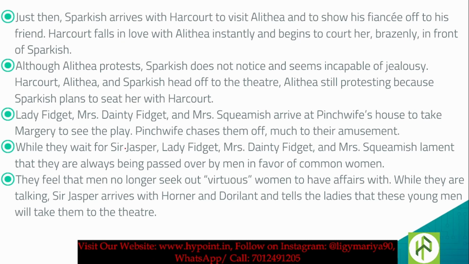While they wait for Sir Jasper, Lady Fidget, Mrs. Dainty Fidget and Mrs. Squeamish lament that they are always being passed over by men in favor of common women. These three women belong to the aristocracy. Every other character we can see in this play belongs to the aristocracy, the same level, so there is a unity in that sense.